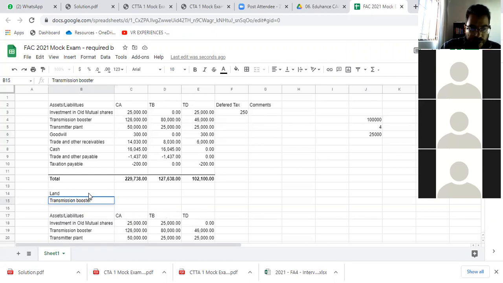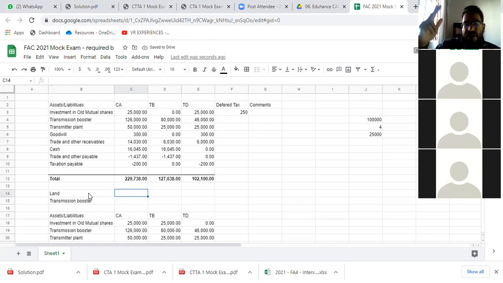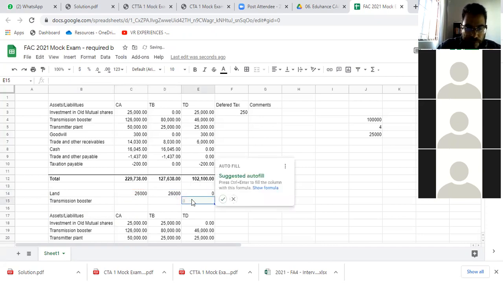This is how we would do it. Even though the land is investment property, you will still split them up. The land is 26,000, and for tax purposes it would also be 26,000. That's the cost, so the temporary difference would be 0.